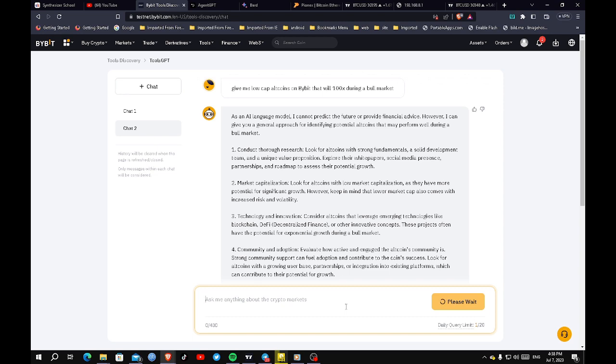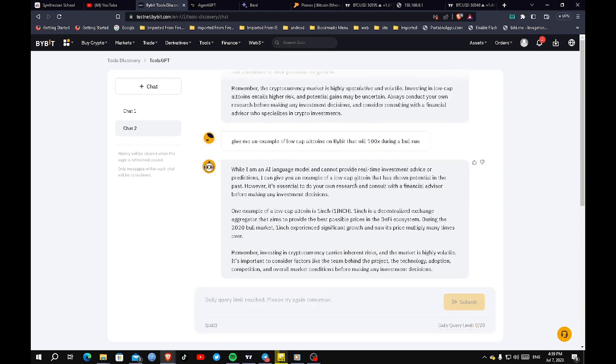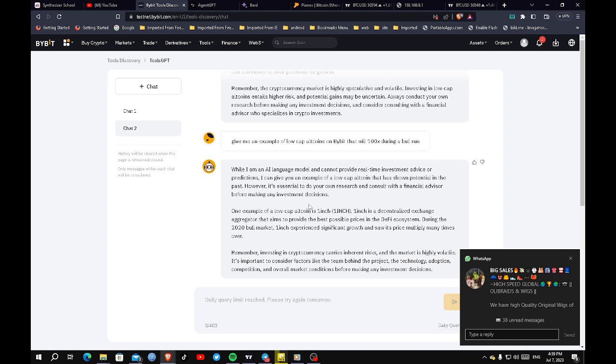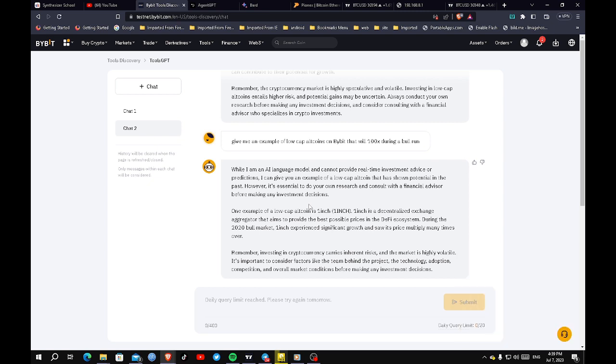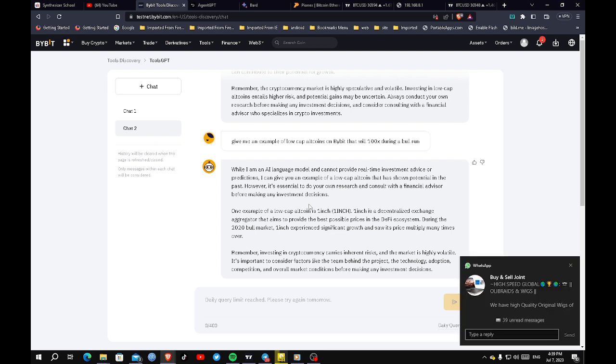Let's see. Okay, it did give us one, which is 1inch, and goes on to say that it's a decentralized exchange aggregator that aims to provide the best possible prices in the DeFi ecosystem. During the 2020 bull run, 1inch experienced significant growth and saw its price multiply many times. And it goes on to remind you of the risks in investing in cryptocurrencies.